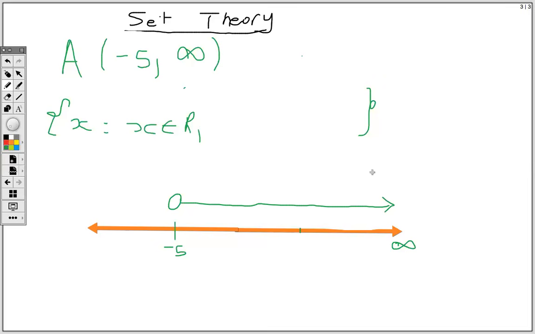Once I have this, if you look at it, infinity is not a number. So when I'm going to write this inequality, I'll have the number x, but this arrowhead, I'll be removing it just as how it is and put it on the right-hand side of x. So I'll have greater than, and then you put the number, which is -5.